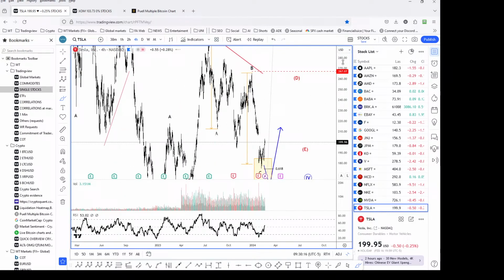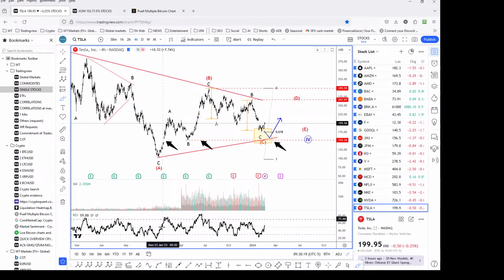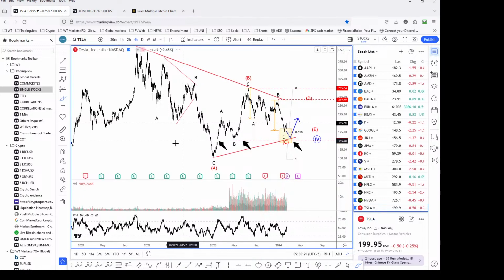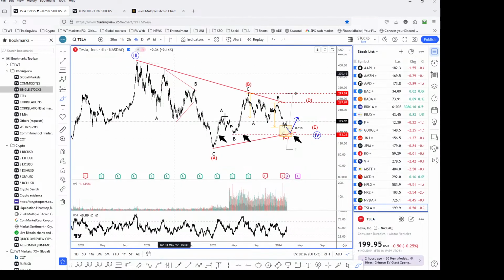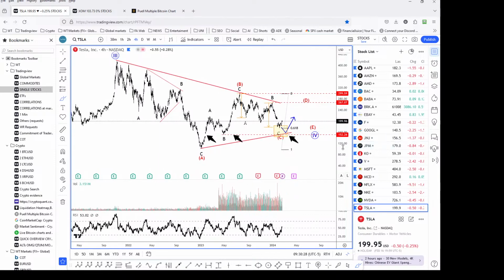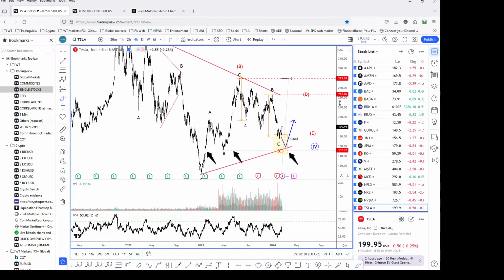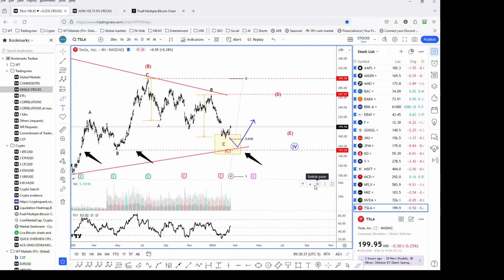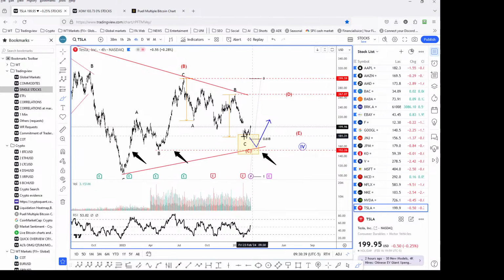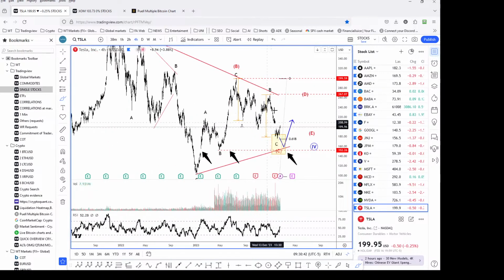Looking at Tesla, longer term, I think we are in a very big sideways consolidation, possibly a triangle, if this support zone from 150 to 180 stays in place. I posted this on Twitter as well a few weeks back. If this zone stays in place, then I think more sideways and later on even higher price action will come. But of course, firstly we have to see these higher prices in the near term.